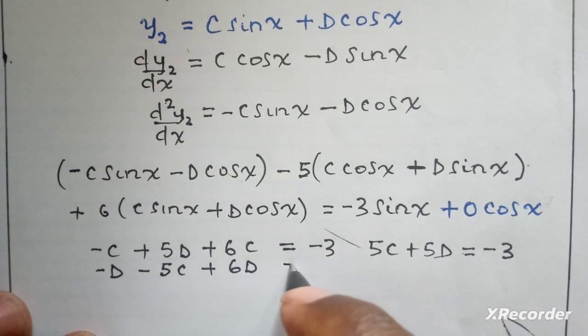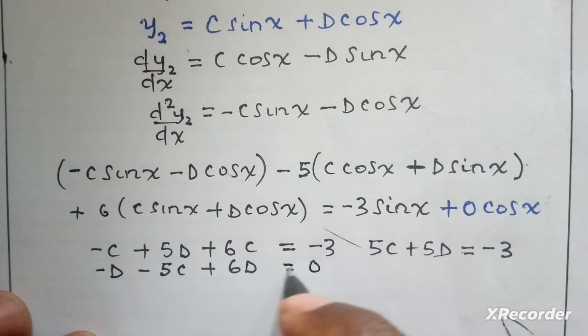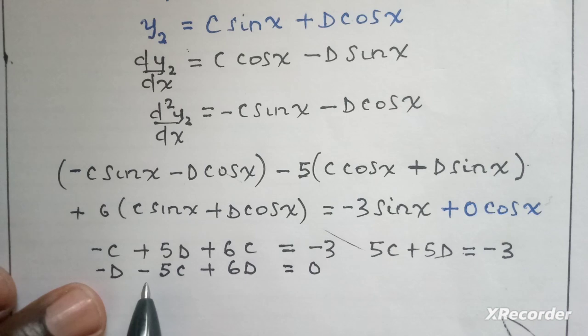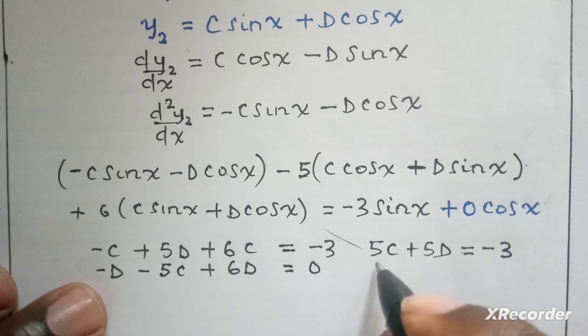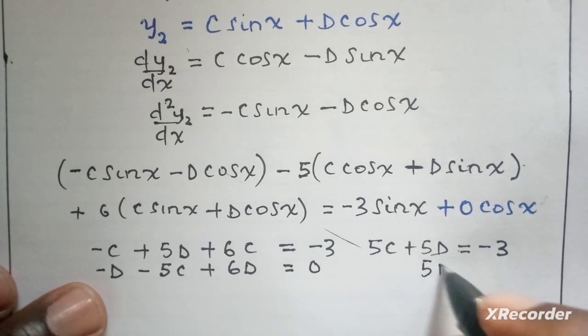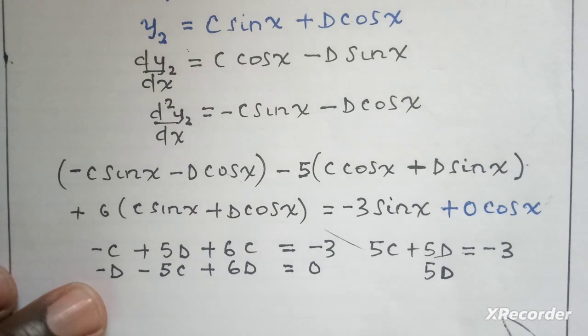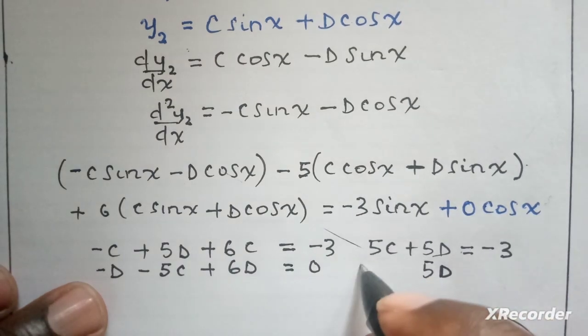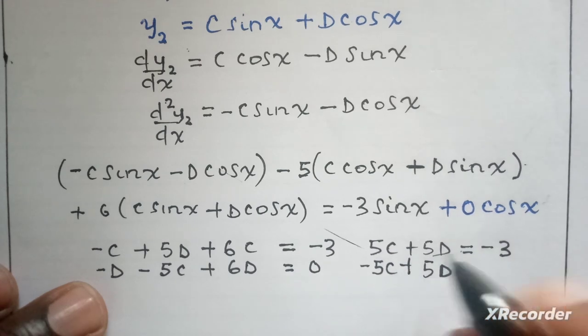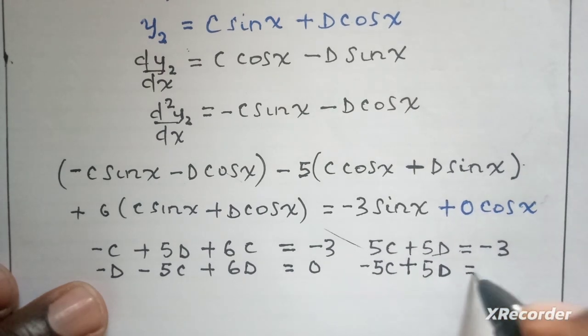This one is going to be 0. So if you come here now, we shall have minus 5c, and then 6d minus d is 5d, like that. Then here we have minus 5c plus 5d, and this one now gives us 0.